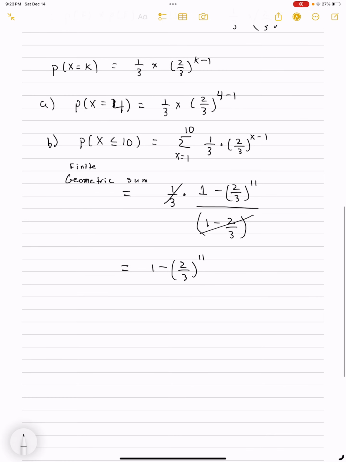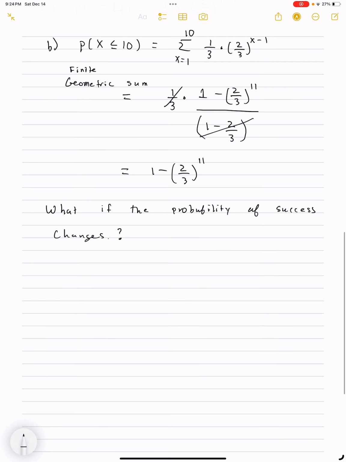Okay. Now, one last thing is, what if the probability of success changes? Well, what's the general formula?